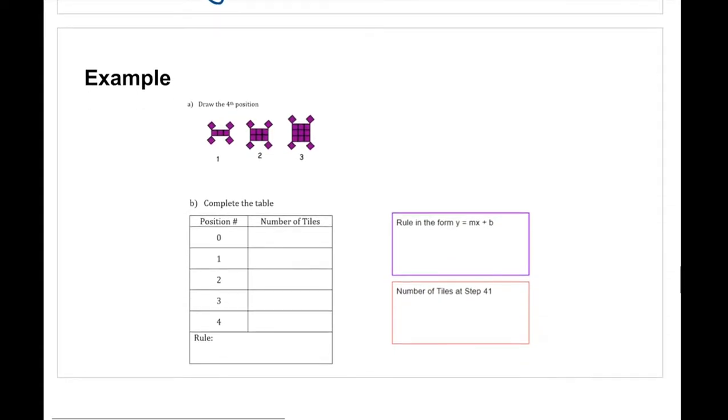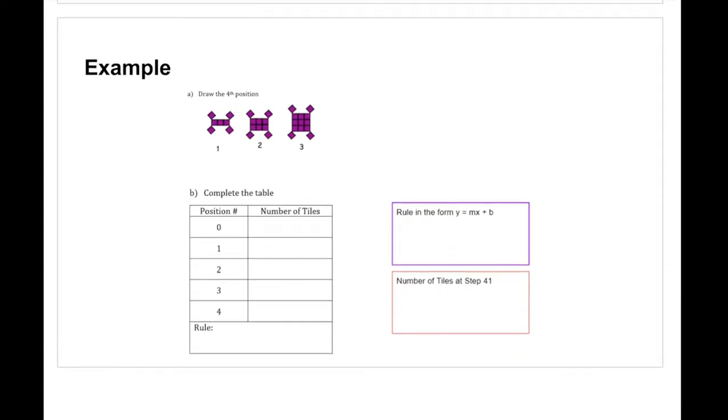Taking what we just learned, if you didn't quite recognize it in the first two examples, now we're going to look at one more example, and hopefully it makes more sense. Now we want to draw the fourth position, the new position based off of the pattern.